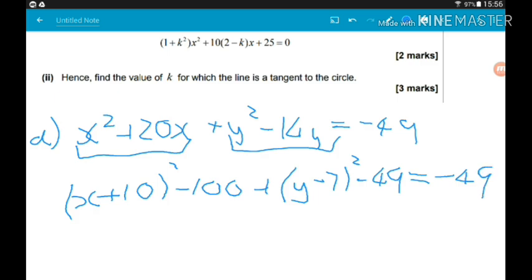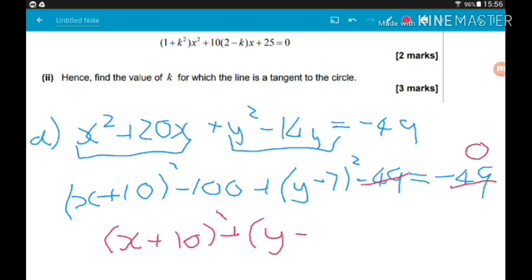So what we can notice there, both sides have a minus 49, so they can cancel out, leaving us with a 0 on the right hand side. So then finally we can get (x plus 10) squared plus (y minus 7) squared is equal to 100. So jobs are good.